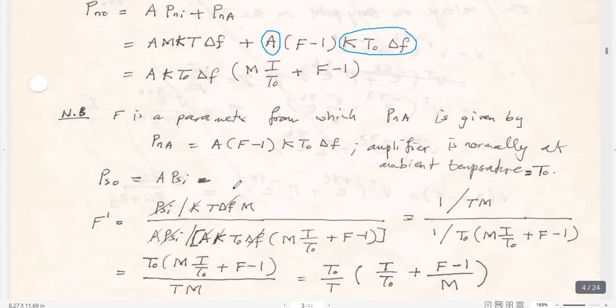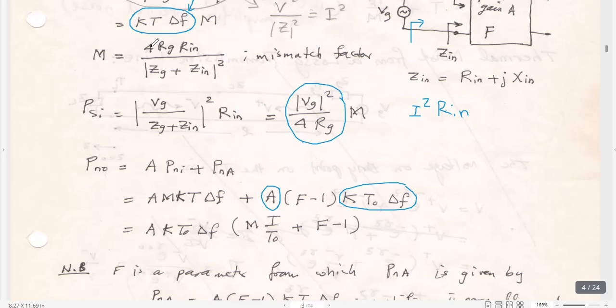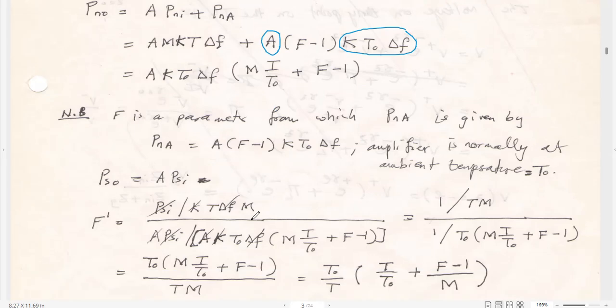Now to find the noise figure of the amplifier with mismatch, the input signal power PSI is multiplied by the gain to obtain the output power. And the input noise is here. You can see it is KT delta F M. Here it is KT delta F M. And the output is this equation here, A K T naught delta F times M. We take this here to here.